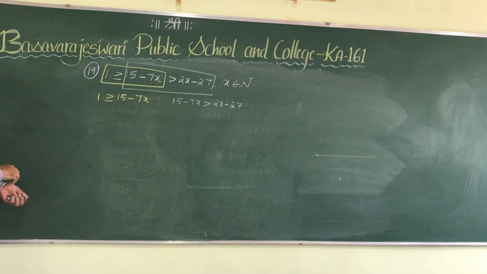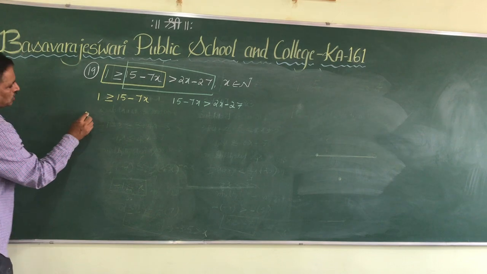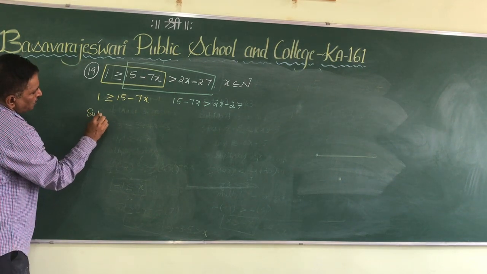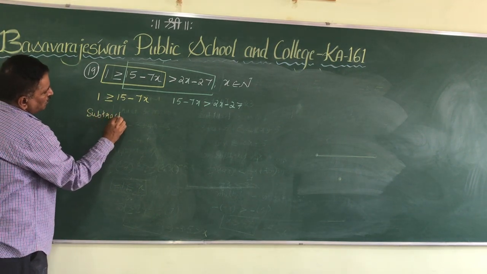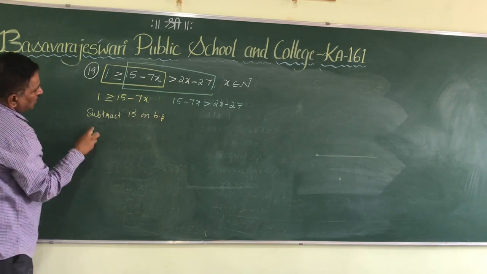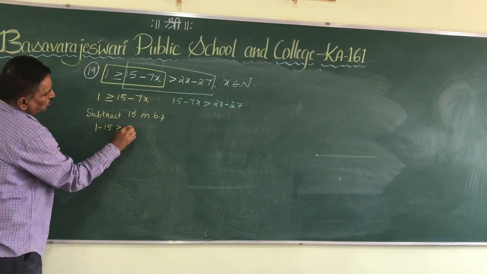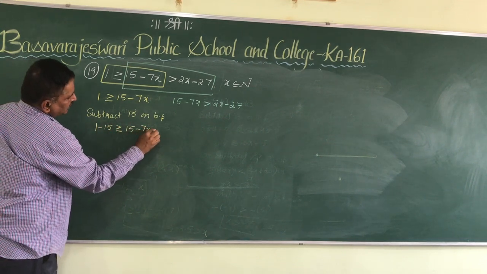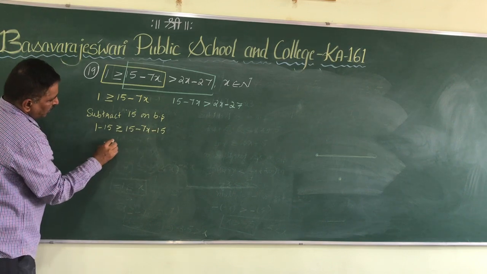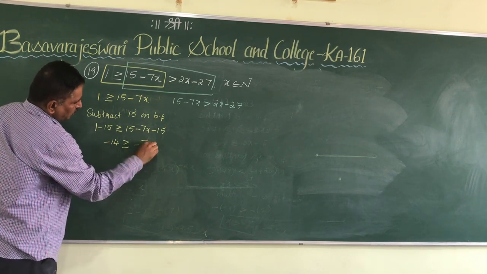Write the variable on one side, constant on the other side. Plus 15 is there, so I can subtract 15 on both sides. 1 minus 15 is greater than or equal to 15 minus 7x minus 15. Definitely I'll get minus 14 is greater than or equal to minus 7x.